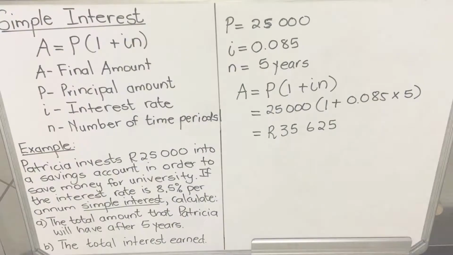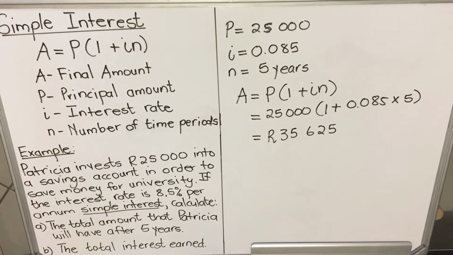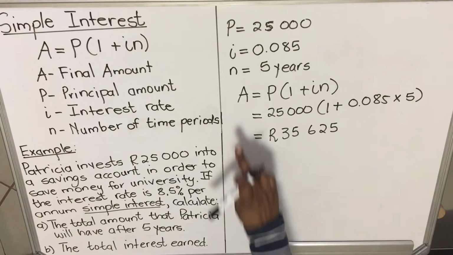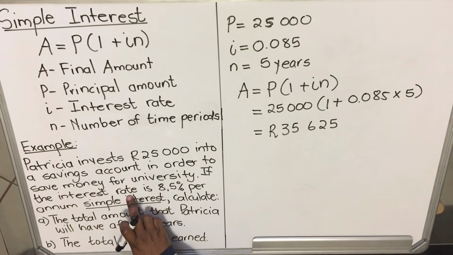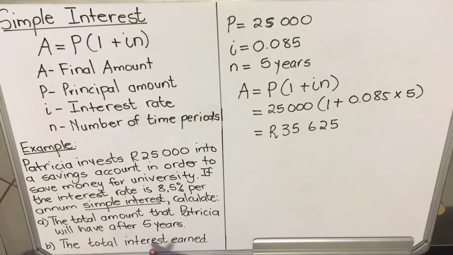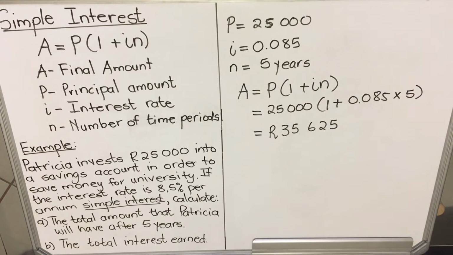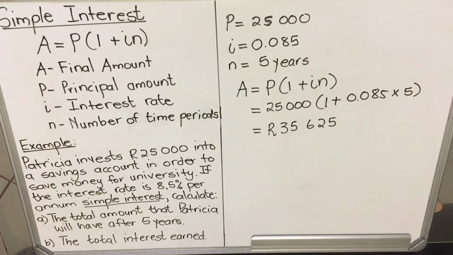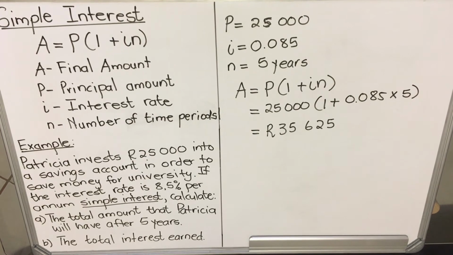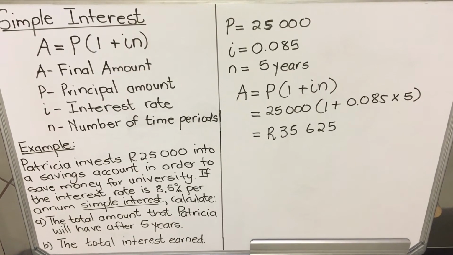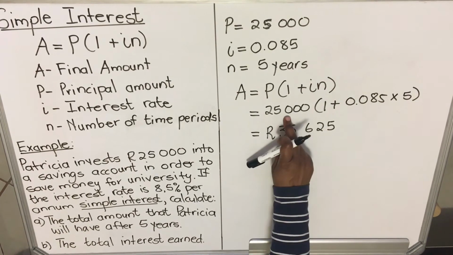Let's look at B. Now B asks for the total interest. So there are two terms: the interest rate and the total interest. Interest rate is the percentage that the bank is going to give you. The interest is the total amount that you're going to make extra. You remember, she invested 25,000.